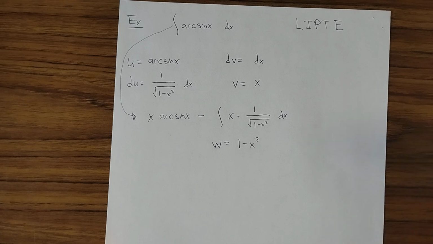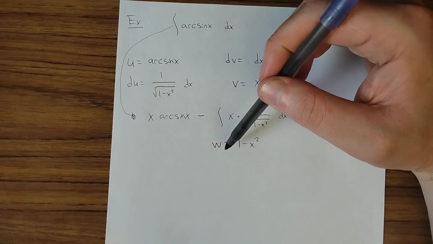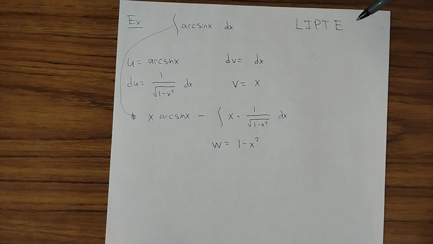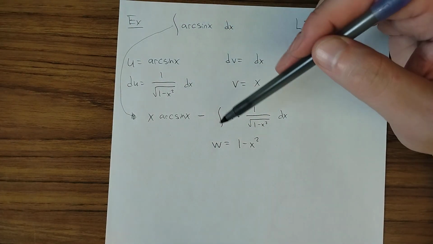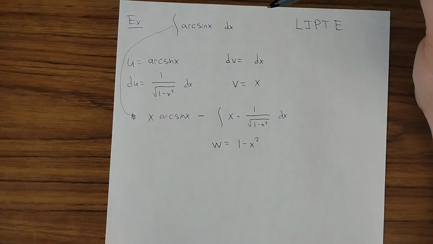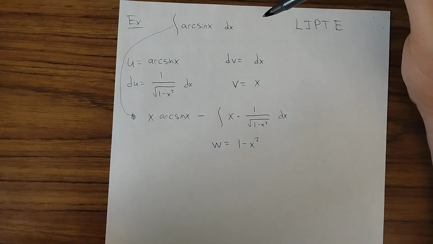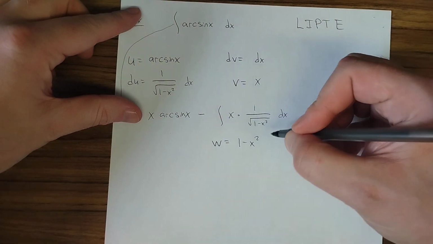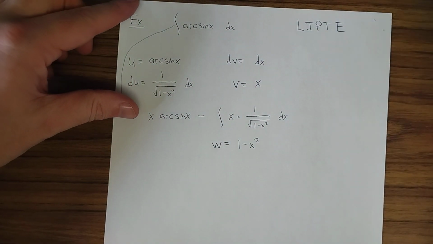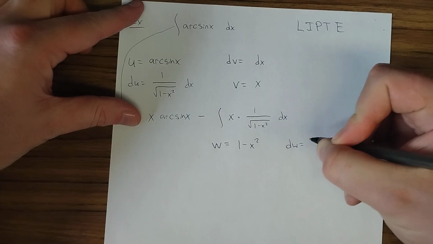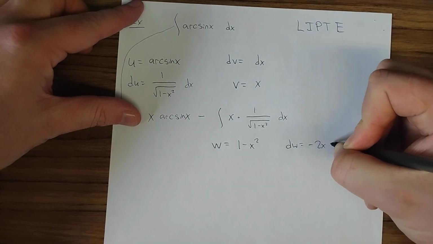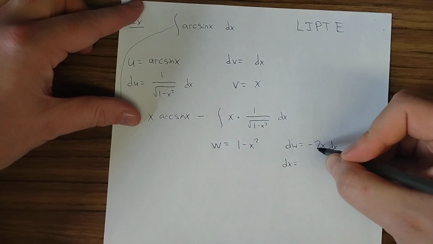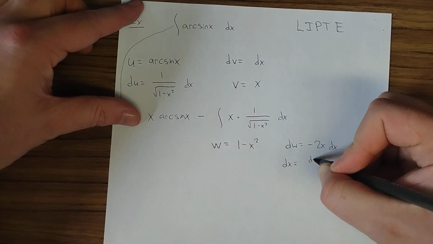And now you can see a hint of why I prefer to use the letter w when I'm doing a substitution, because I don't really want to use the same letter so much. Anyway, if I'm letting w be 1 minus x squared, dw is minus 2x dx. So I can solve this for dx.